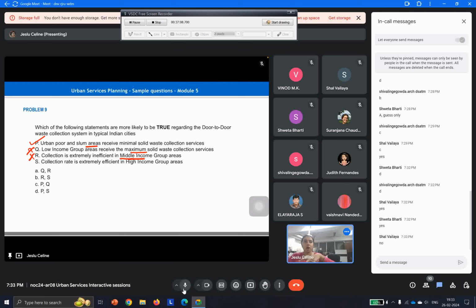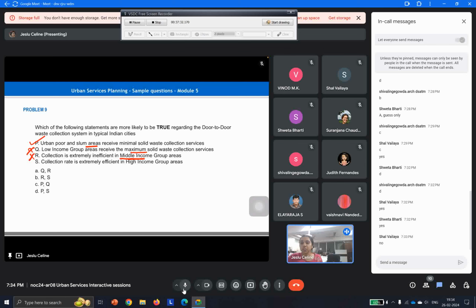In the municipality plan, these regions are not even identified in certain cases. So the focus is not given to these regions in order to collect waste from them because they are unauthorized settlements. Because of this, collection is extremely inefficient in these low income group areas.